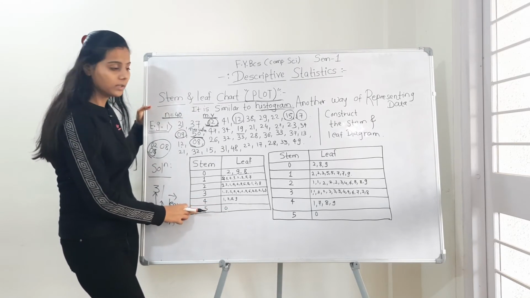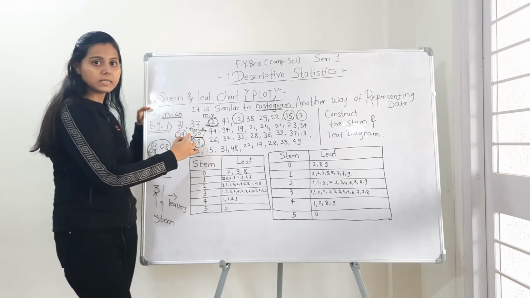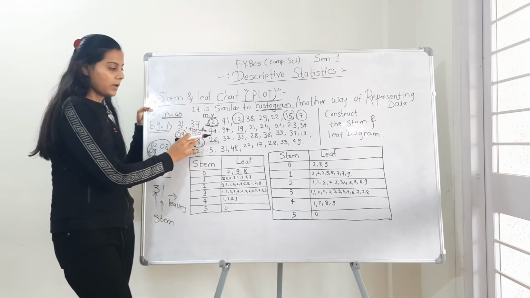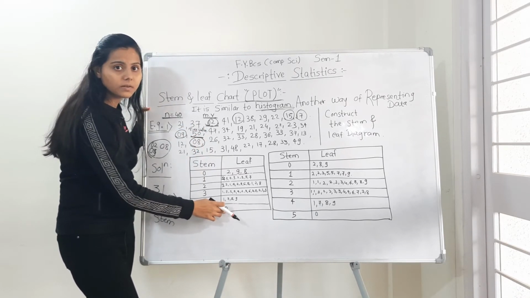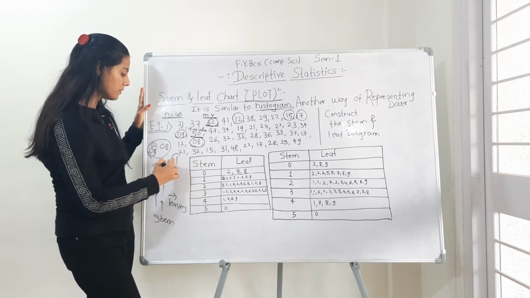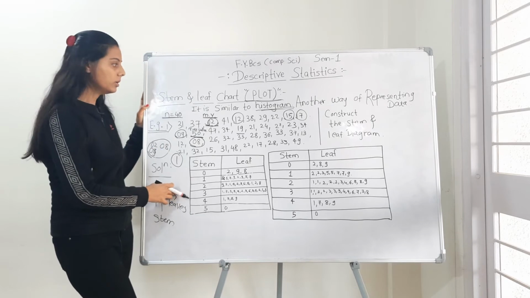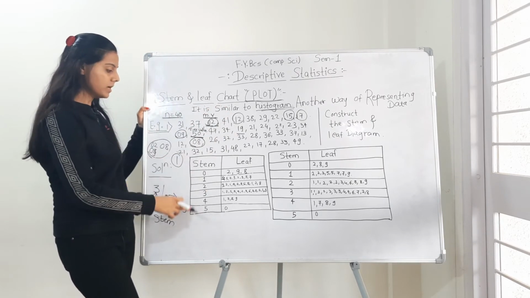There is only one number that starts with 5, that is 50. So write down the leaf here, 0. Okay, so prepare this first table in order to create the stem and leaf chart. This is your first table.